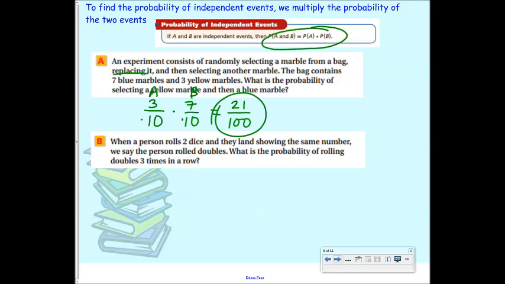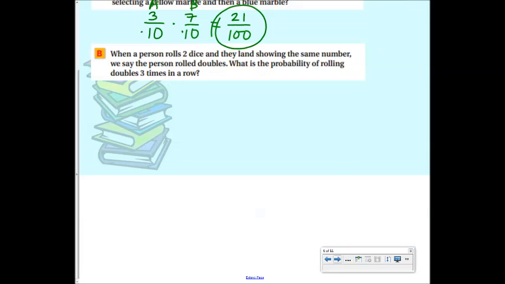Okay, so we're going to set up a tree diagram where, what are the options on the first die? 1 through 6. Okay, what are the options on the second die? Same thing, but how many times do I need to write that? I'm feeling a little bit lazy, so we're just going to make the sample space assuming that this would all be the same. So what's your first choice?